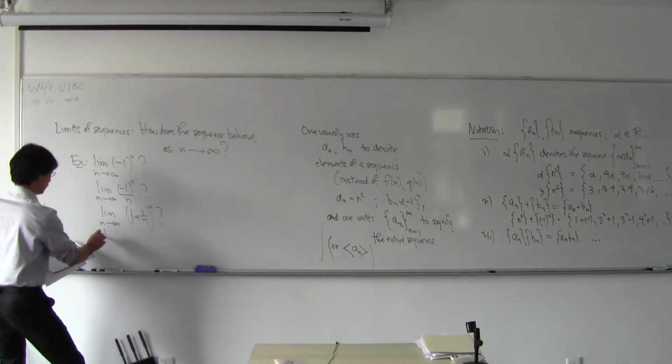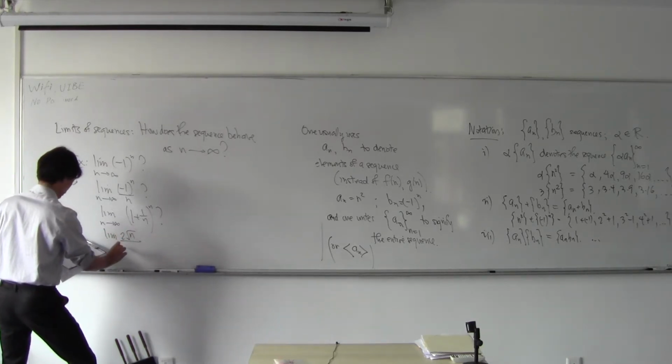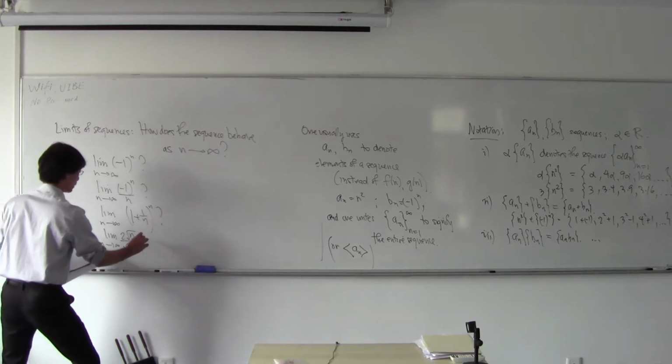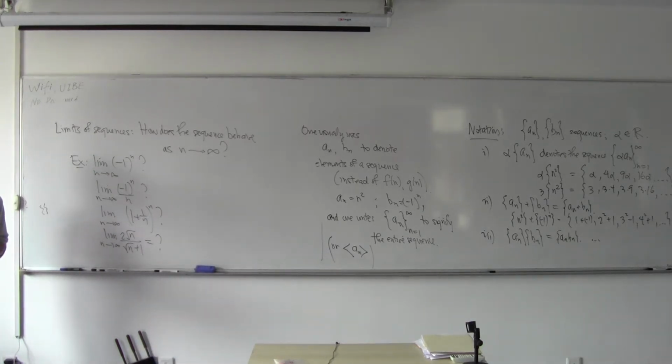The limit of 2 square roots of n over the square root of n plus 1 as n goes to infinity. What happens to it? We want to talk about limits and infinity.